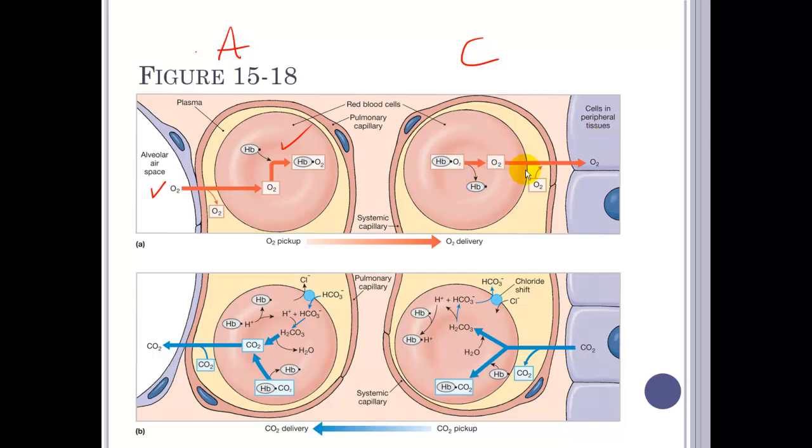Because of the acidity change from CO2, as CO2 rises, it makes this area have a little more hydrogen ion concentration. This is going to offload the oxygen into this area. That's how the hemoglobin knows how to offload the oxygen, and vice versa. And it will pick up the CO2 that's there.